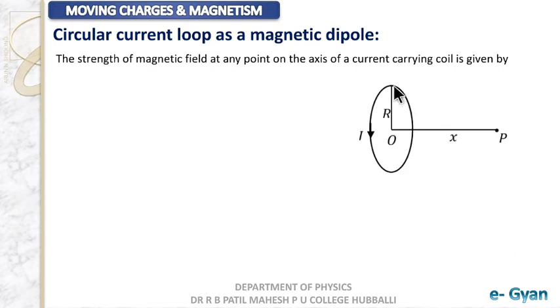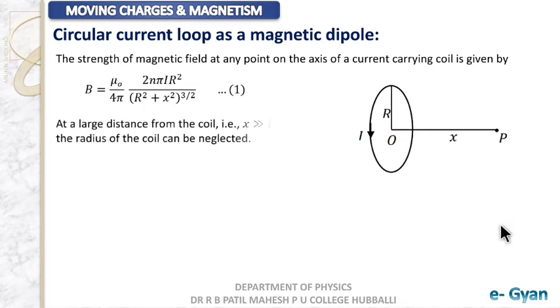If this is a current carrying loop and at a point P, we have already derived an expression for it, and that is B is equal to mu naught divided by 4 pi into 2 pi n I r square divided by (r square plus x square) whole to the power 3 by 2. This we have derived using Biot-Savart's law in one of our video lectures.